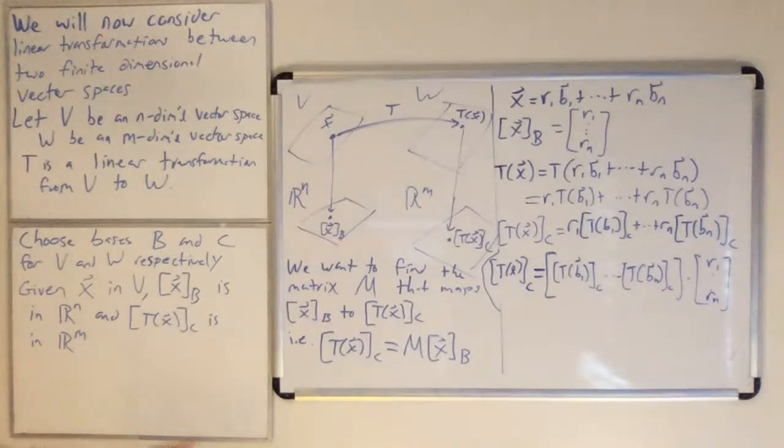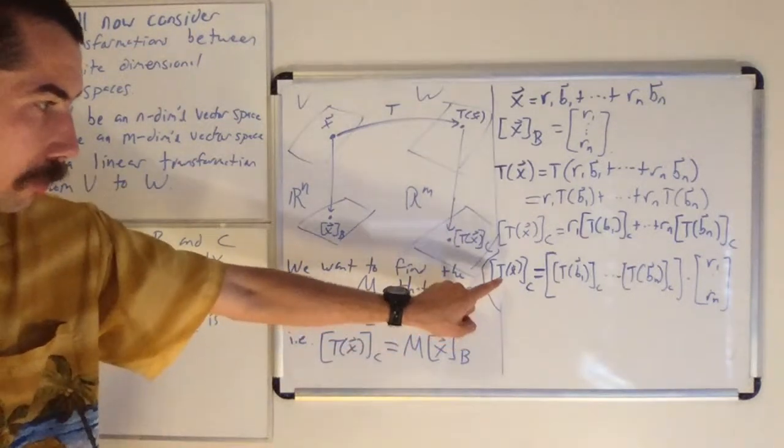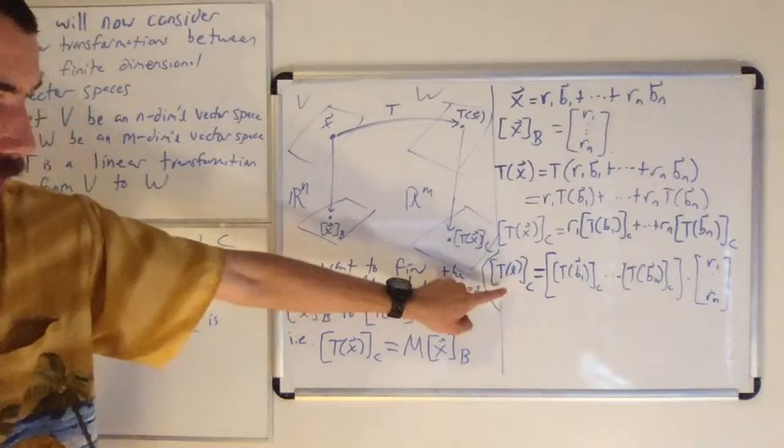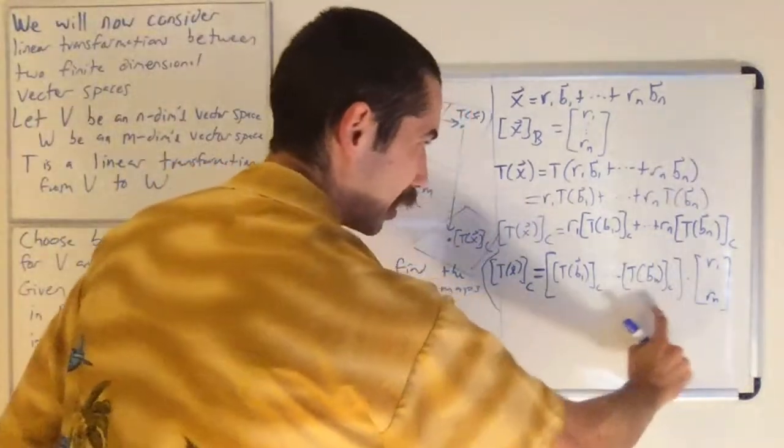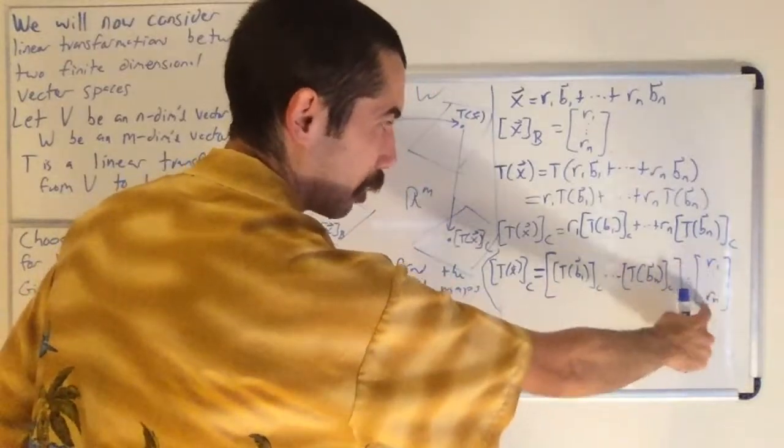Okay, so what we have here is the C coordinates of T of X is equal to this matrix here times the vector R1 through Rn.